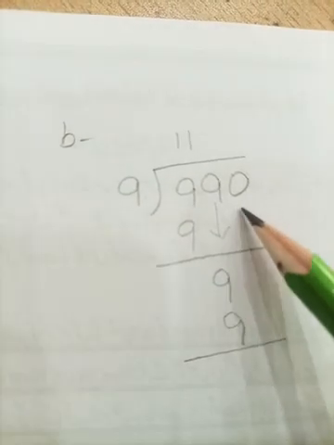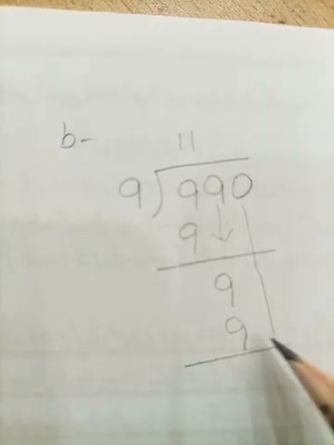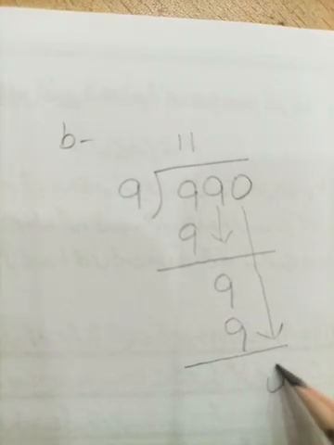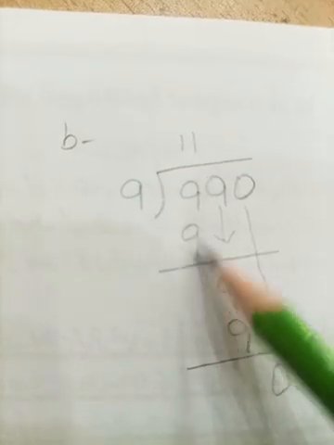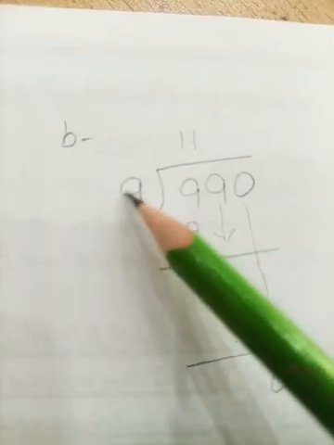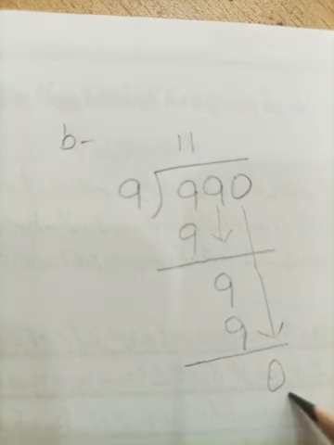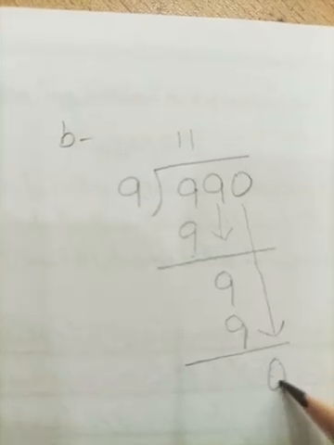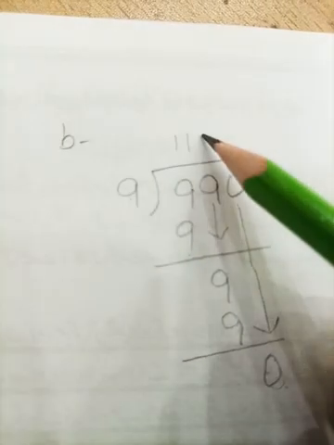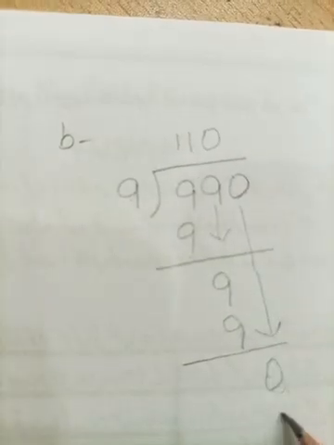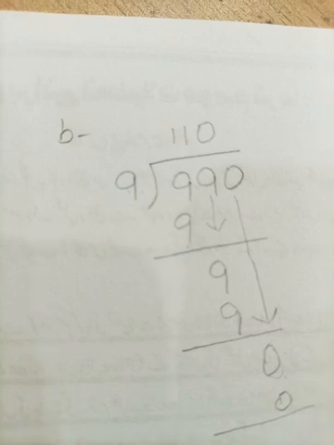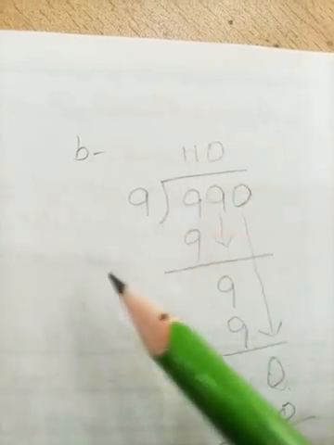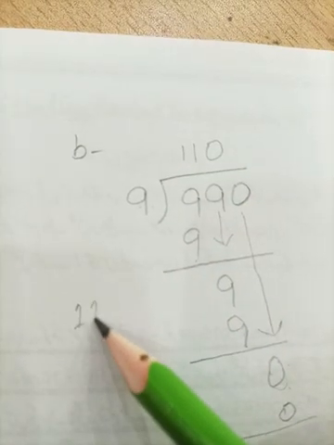Next we are left with the number 0. Firstly we divide the hundreds, then the tens, and then the ones. Now in the ones we have the number 0 only, so here we write 9 zeros are 0. There is no remainder here, so our quotient is 110.